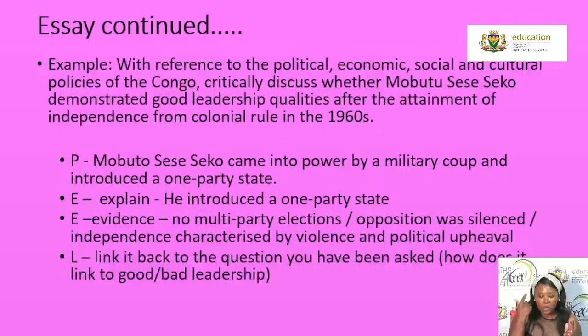There were no multi-party elections. Opposition was silenced. Independence was characterized by violence and political upheaval. And then lastly, you link it back to your introduction, where you state that truly, indeed, Mobutu Sese Seko's leadership skills were very poor because he was a dictator.